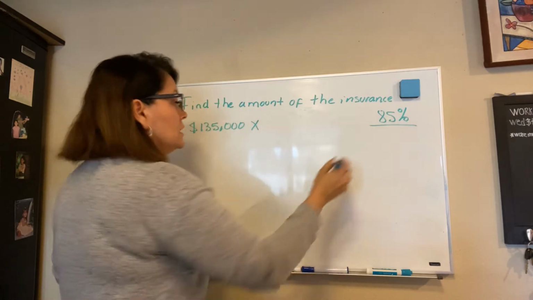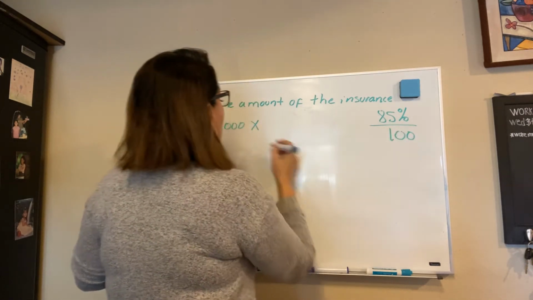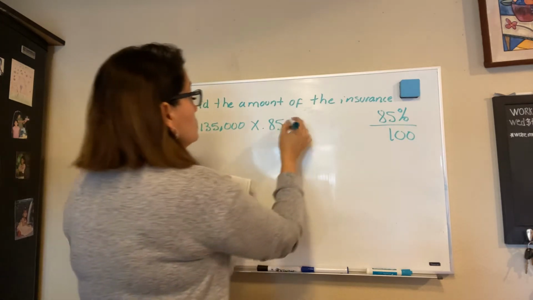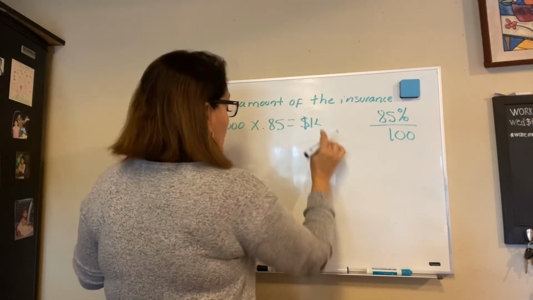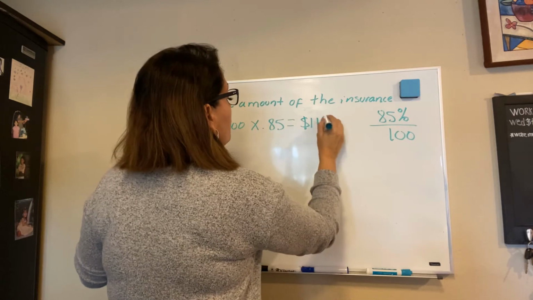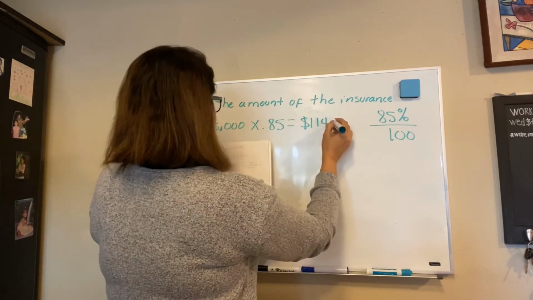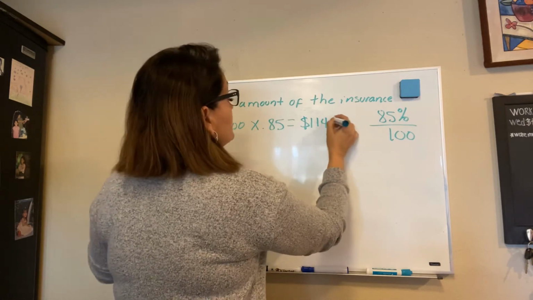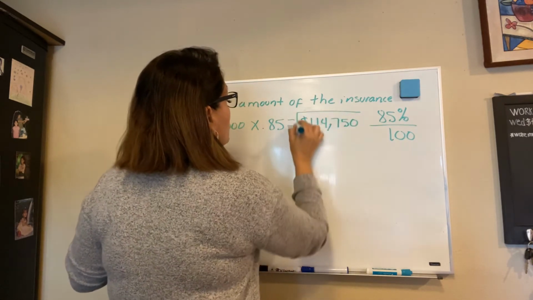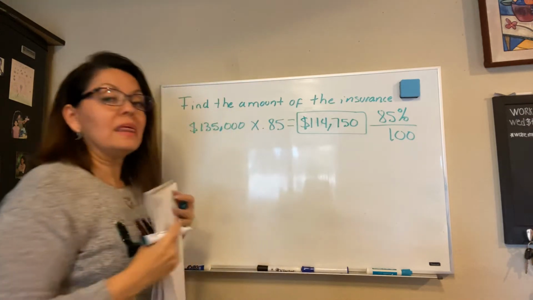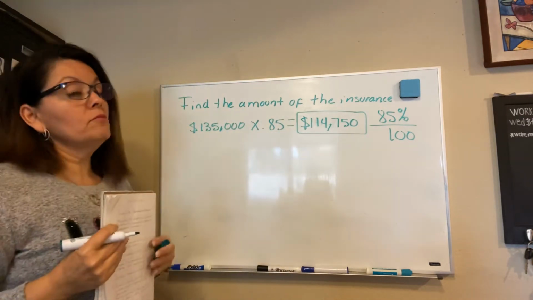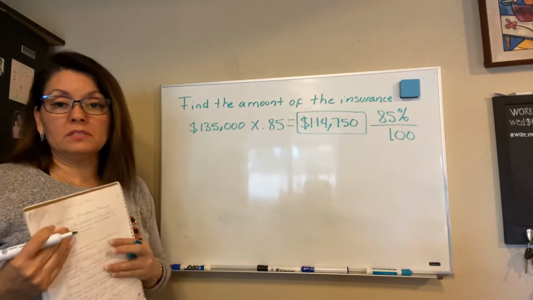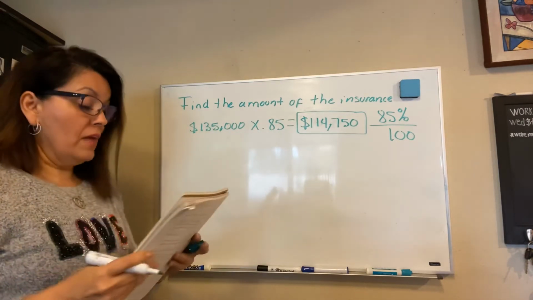To convert into decimal, I'm going to divide by 100, and it's going to give me 0.85. So the coverage is going to be 114,750. They insured the house for 114,750 because it just insures for 85% of the value of the house.